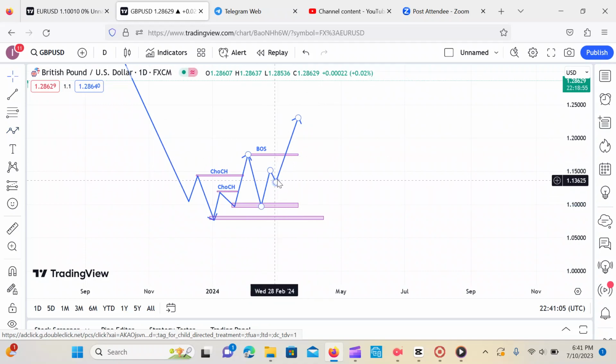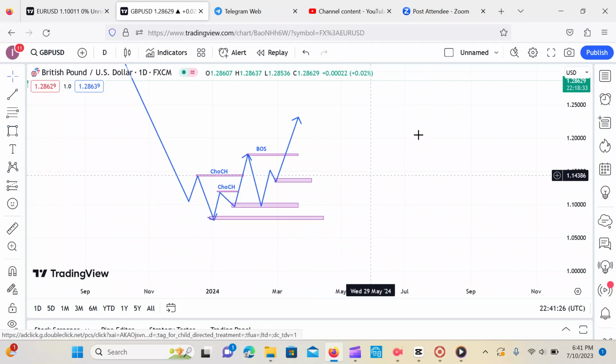There's another order block right here. There is a candle here, the last candle that gave birth to this break of structure right here, and this other one. But we call this inducement. We're going to talk about that some other time. So you mark this area again as your order block.